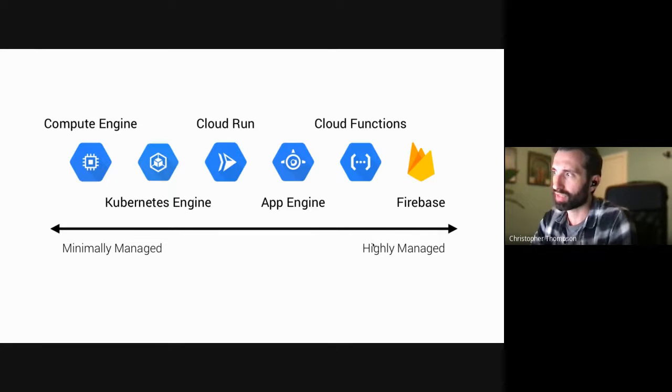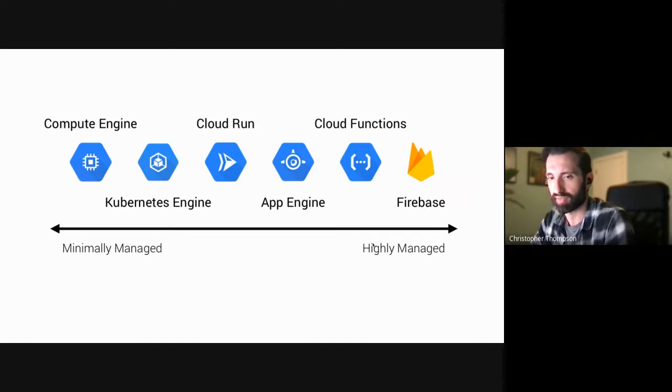Cloud Run starts to be a little less managed, right? You have to containerize your code. You write your Dockerfile. You hand it over to Cloud Run. But what Cloud Run does do is manage scaling. It does manage infrastructure, all that kind of stuff. There's a little more configuration involved, but what it really is under the hood is managed Kubernetes.